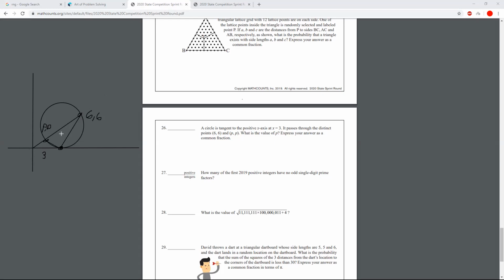Okay, so what we want to do is realize that there's a pair of similar triangles here. I'm not sure if we covered this in our geometry lessons because this one might be a little bit hard. But basically, it's a pair of similar triangles.